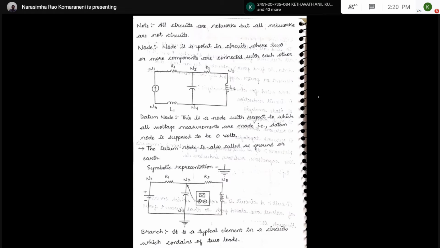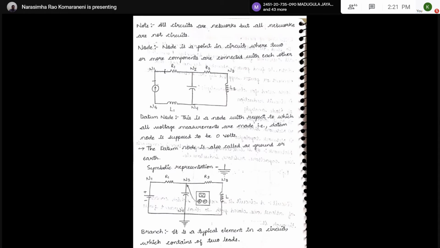Now we'll find out how many nodes are there in the circuit. What do you mean by node? A node is a point in a circuit where two or more components are connected with each other. If you see here, this R1 and this current source are connected here.